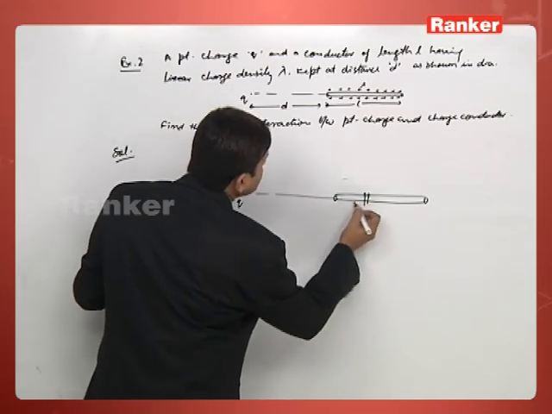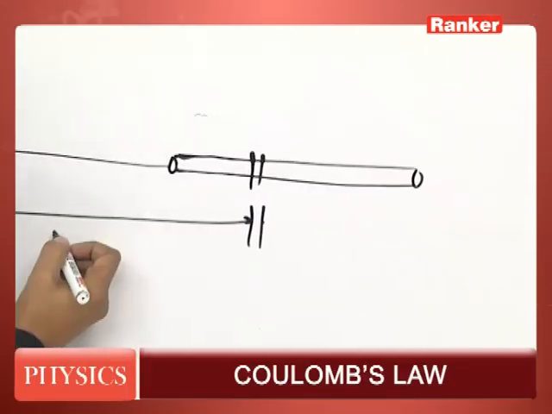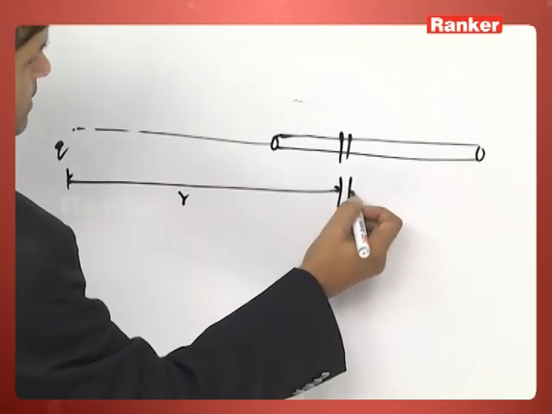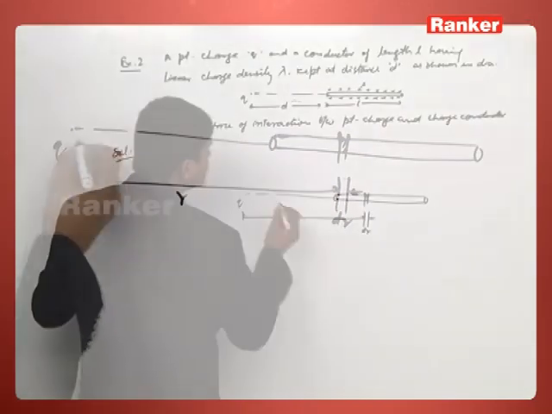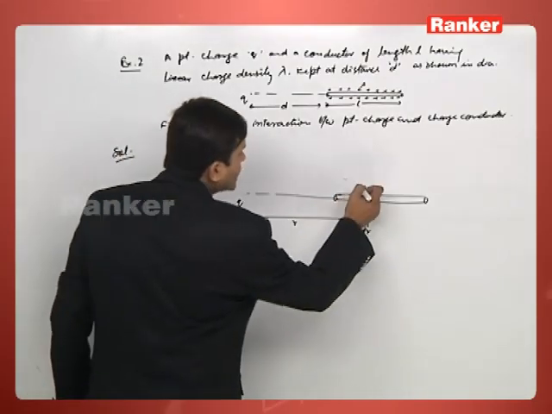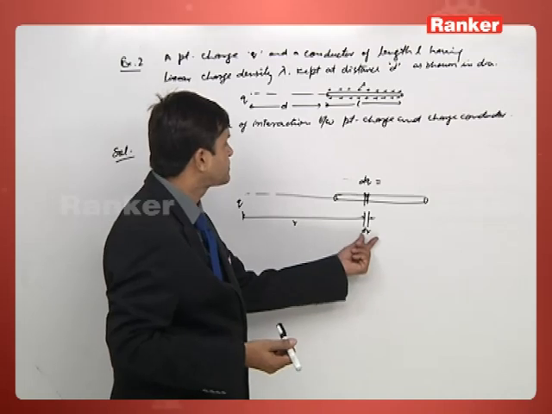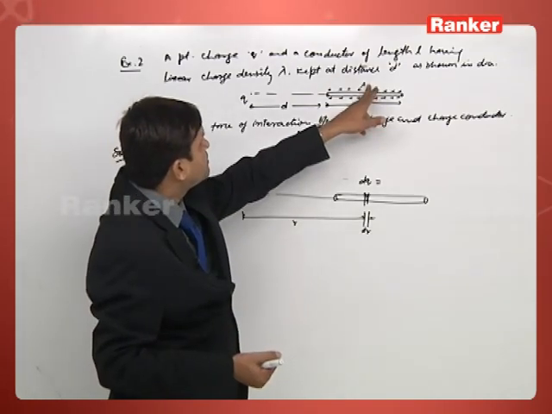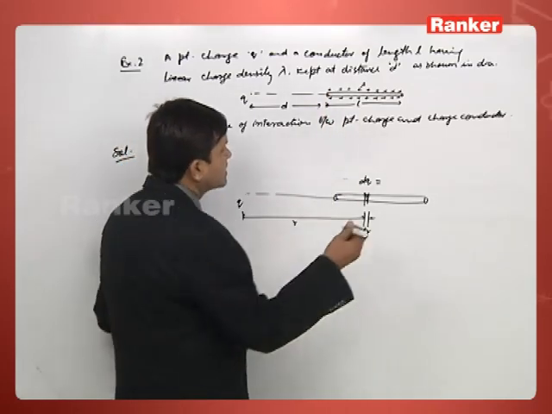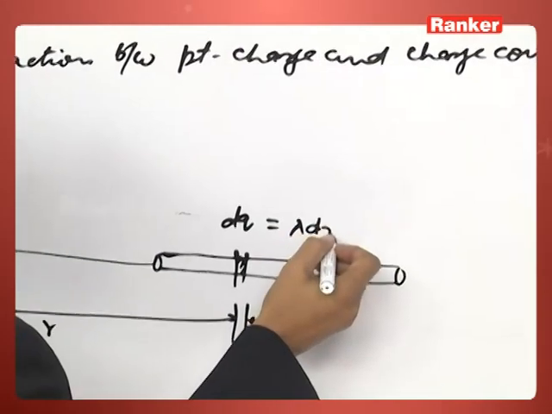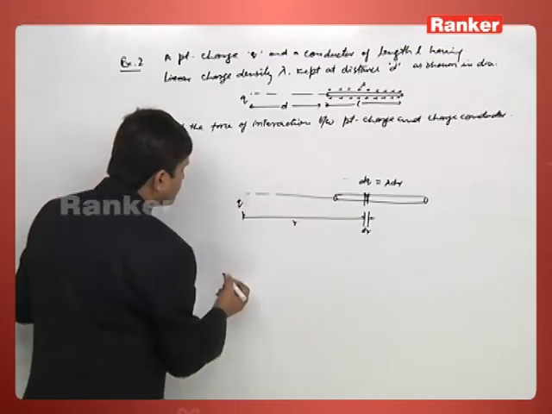That small element is very small, just like a point charge at distance r, and the thickness of this element is dr. So this is one charge and this is the other charge, and the charge value on this element is dq, the charge in the length dr. The total charge per unit length is lambda, so in length dr the charge will be lambda into dr.